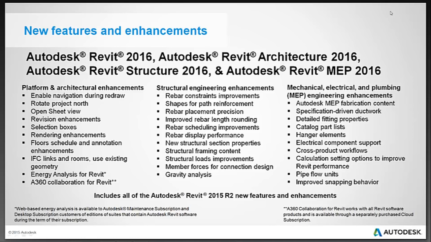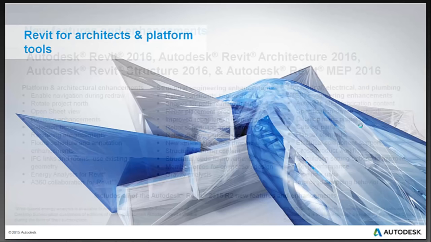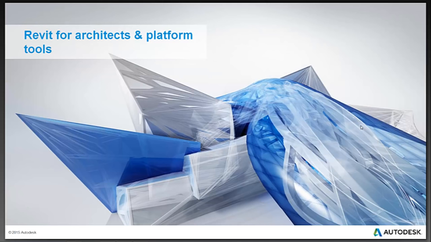They're all really good though, so don't feel any need to feel any bias here. So let's go ahead and get started. And like I said, we will start with the general platform enhancements as well as the architectural discipline enhancements.